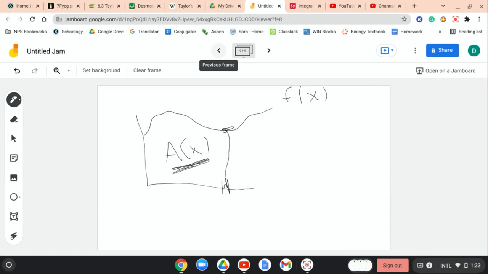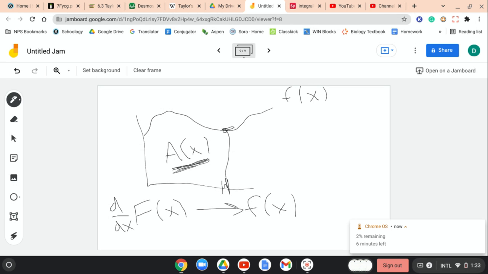And that is huge, because what it tells us is that if we want to find a function for the area under the curve, we're asking ourselves, well, what function has a derivative of f of x? And this is called finding the antiderivative of f of x. What you'll end up getting is some function that when you differentiate it becomes f of x, and then you'll add c at the end.